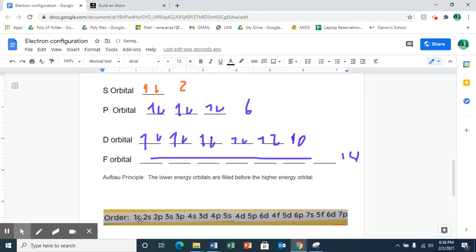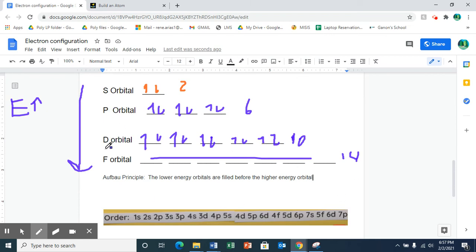When we're talking about high energy and low energy, as we go down here, our energy goes up. So these are high energy, these are low energy. All that's saying is that we can't fill the p orbital before I put electrons in the s orbital. So we have to fill the s orbital up, then we go to the p orbital and fill that up, then d, and so forth. You can't just start at the p orbital.